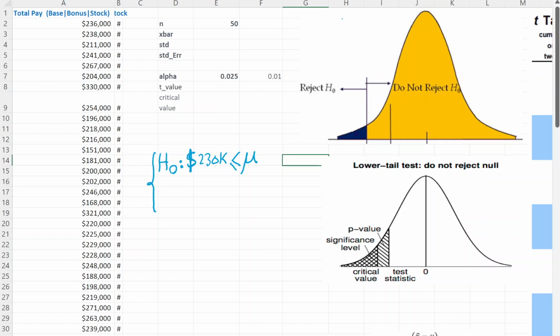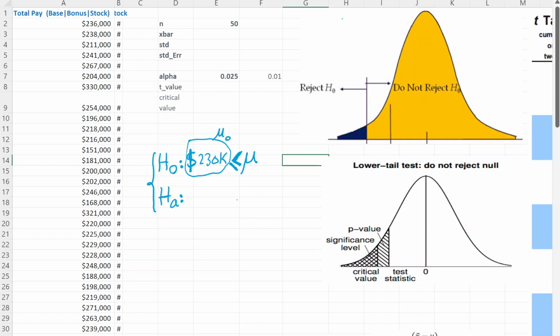So the mean total pay annually for software engineers at Google currently is hypothesized to be greater than or equal to $230,000. This value is mu 0 or mu naught, the hypothesized value.